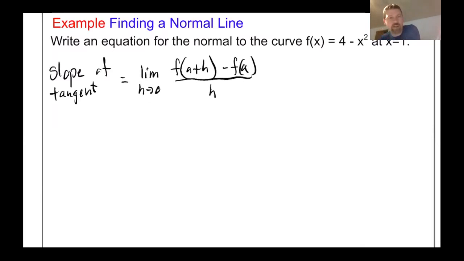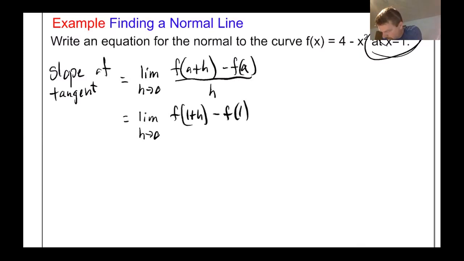I recommend starting with that every time, because it's really good to make yourself memorize it. I want to find the tangent at x equals 1, so I'm going to do f of 1 plus h minus f of 1 all over h.